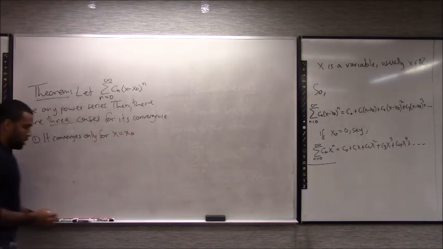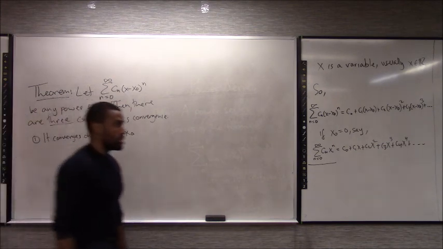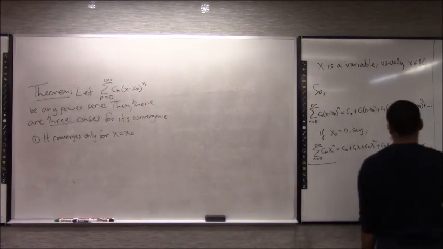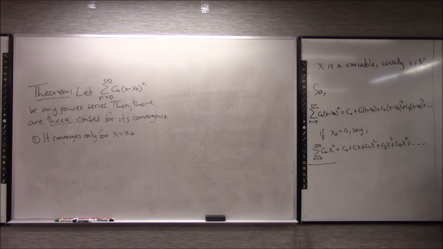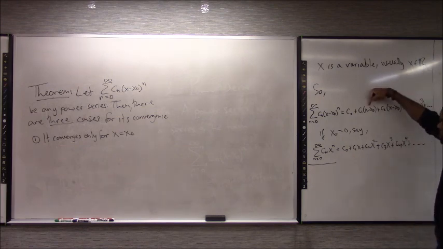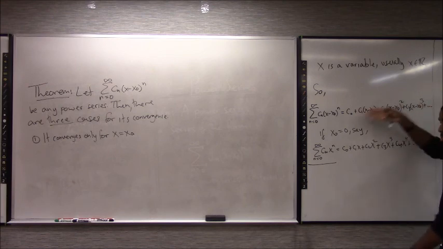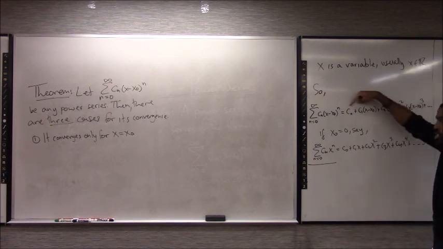Sometimes the Cn's are going to be numbers such that this infinite polynomial is not going to make sense. Pretty much the only way I can get this expression to make sense is if I plug in x equals x naught. Notice what that will actually do. It will make this 0, that 0, that 0, that 0. Everyone is going to be 0 except the first term potentially.